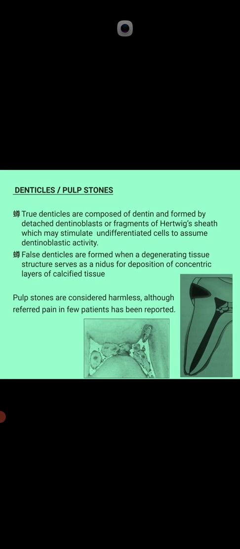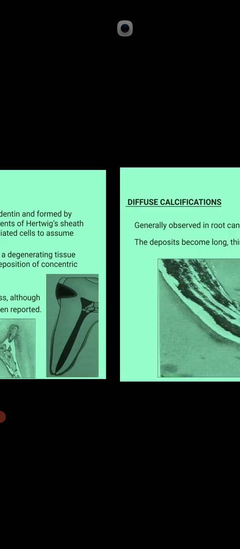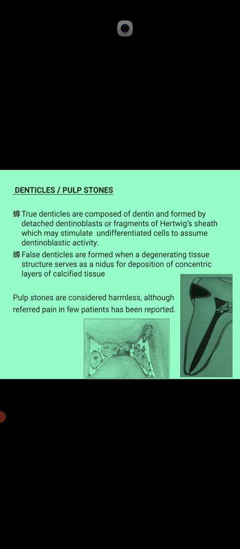Now come to the third type of calcification, which is the denticle or pulp stone. Look at the diagram on the left side. In a denticle or pulp stone, the stone is formed inside the pulp chamber.